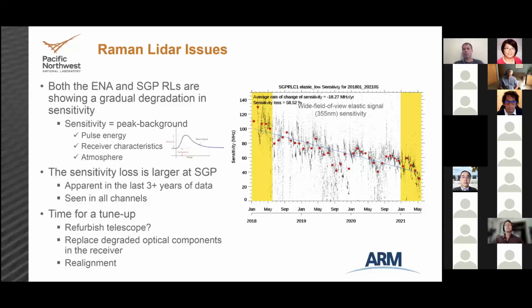The degradation is a little more of a problem at SGP than it is at ENA. So it's definitely something that we need to start addressing probably over the next year or so. So it is time for a tune-up. We need to think about how we're going to do that, what components need to be replaced, and that sort of thing. Next slide, please.